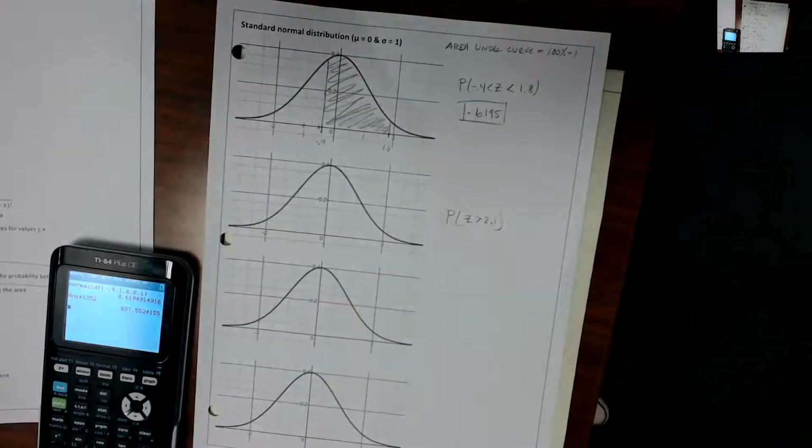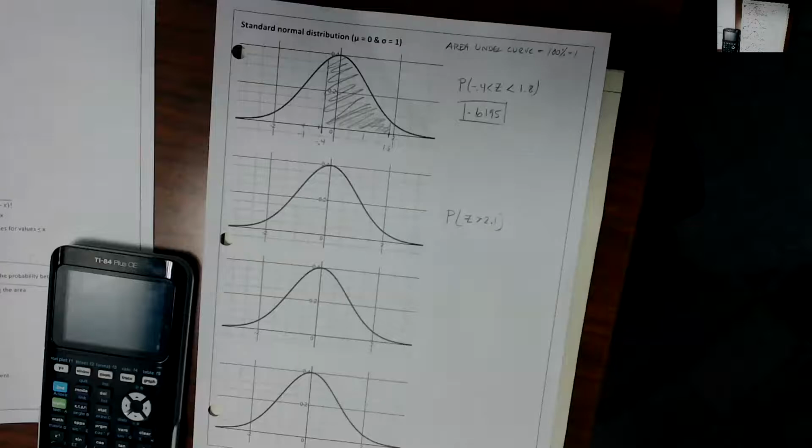This is not just unusual, it's unusually high because it's more than 2. So my next patient comes in, what's the probability that they're bigger than 2.1 on some health number? Well, again, can you draw a picture of that? What's the shaded area that that's referring to? You have to physically draw a picture for this, or at least mentally. At some point, maybe you don't need to draw the pictures anymore, but for a long time, you probably do.